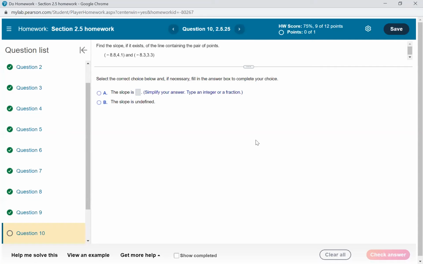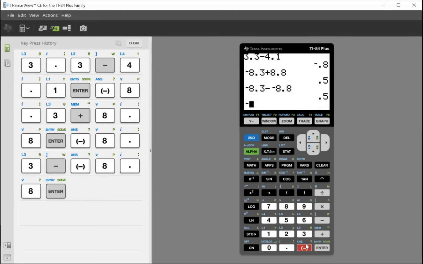Now notice, this answer says type an integer or fraction. So integer means like a whole number, and then fraction, y'all know what that is. So to get this to be a fraction, I'm going to go to that calculator, and I'm going to see what I get. I'm going to do negative 0.8 divided by 0.5.